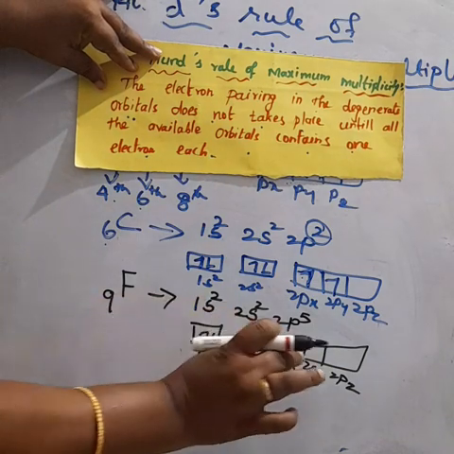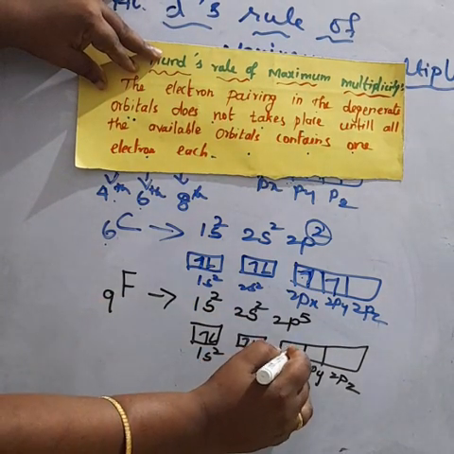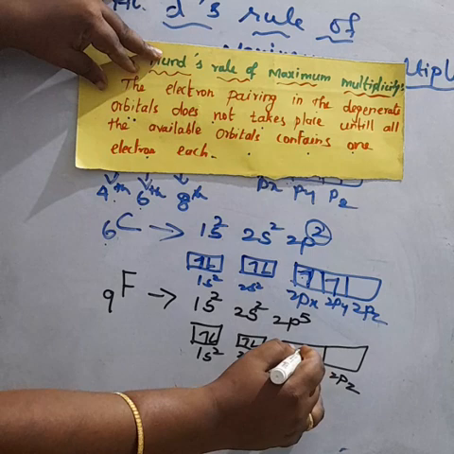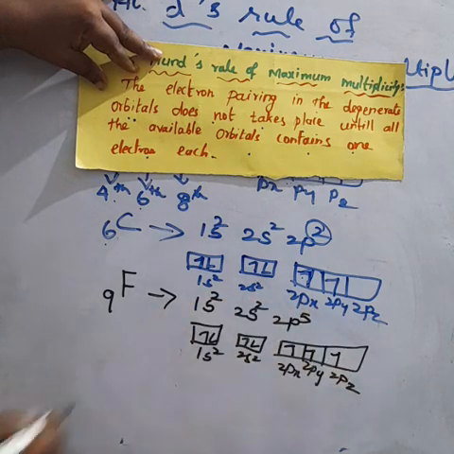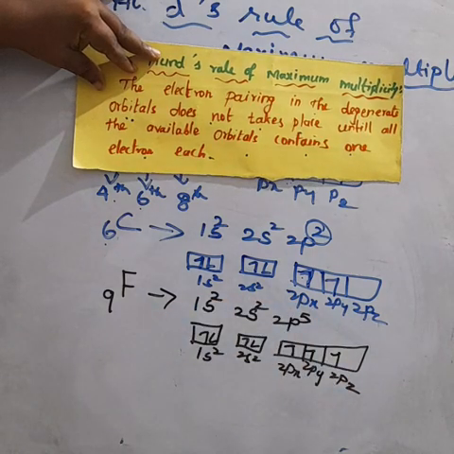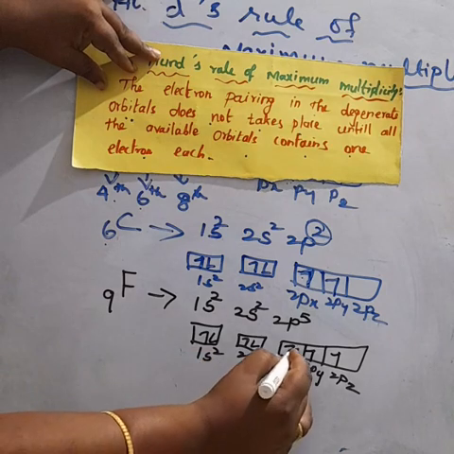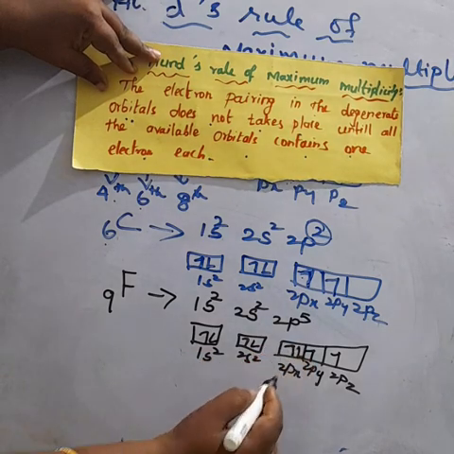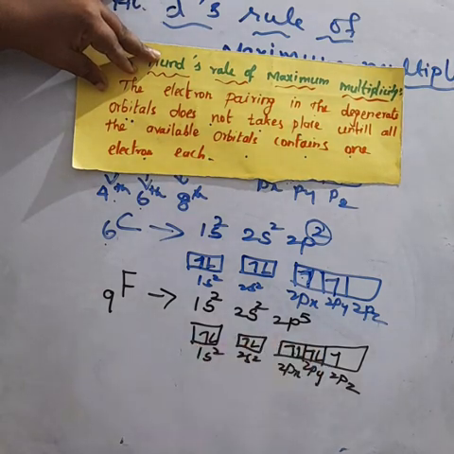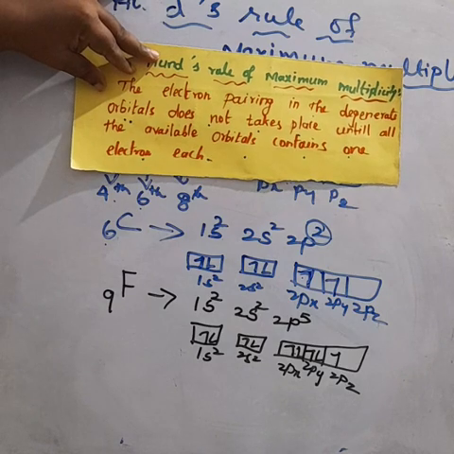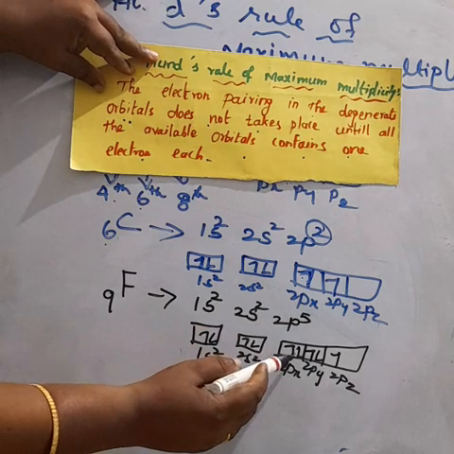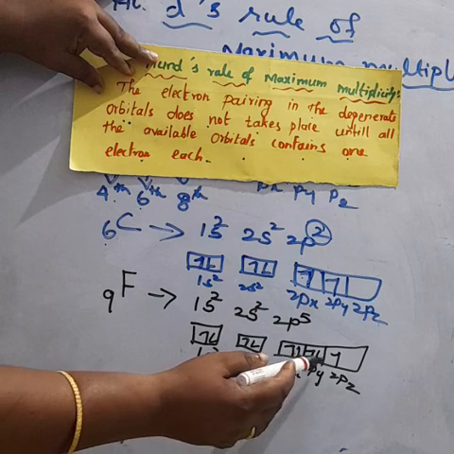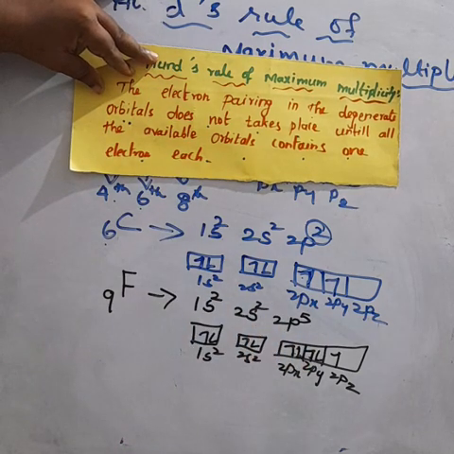First you fill singly: 1, 2, 3. From the 4th electron onwards we fill doubly, with the opposite spin. So after the 3rd electron we fill with opposite spin: 4, 5.